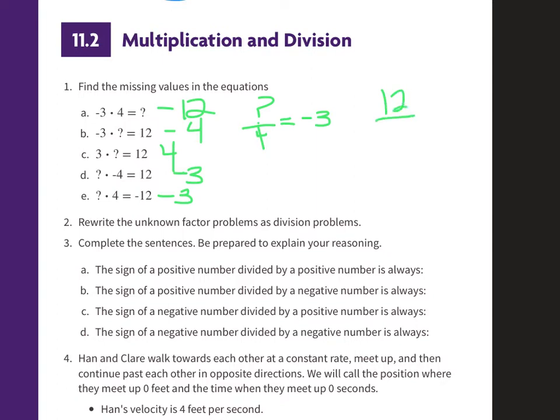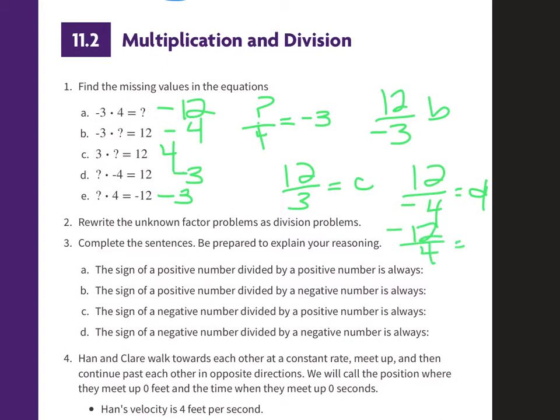So 12 divided by negative 3, that's B. We have 12 divided by 3, that's C. We have 12 divided by negative 4, that's D. And then we have negative 12 divided by 4, and that's E. Okay? So when you're writing a division problem, you can just take the answer and divide it by one of the multiplies. I just divided it by the number I have so I can figure out what the question mark is.